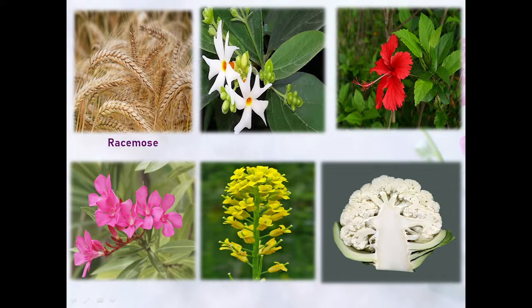Next, Harsinger, what is it having? Cymose. How do we say cymose? If you see these flowers, it's almost like this. You will see that this flower is growing first, followed by this one, and then this one. So what have I told?